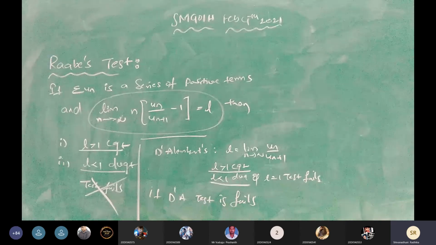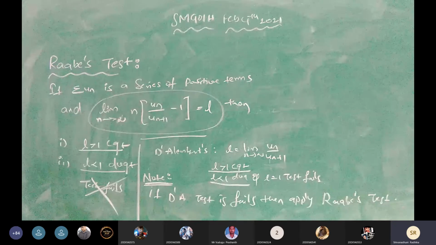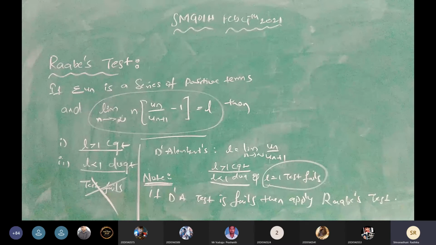This is the main point. Note this: if D'Alembert's test fails, then apply Rabe's. Is it clear, all of you? Doubts?